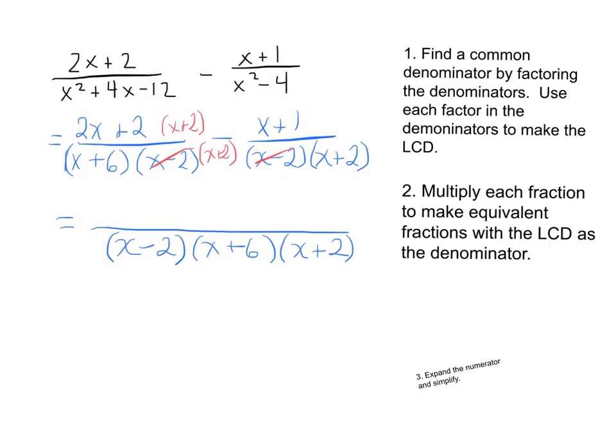So what I have now is 2x plus 2 multiplied by x plus 2, minus x plus 1 multiplied by, what do I have to multiply the second one by? X plus 6.